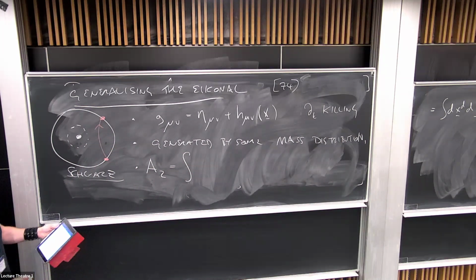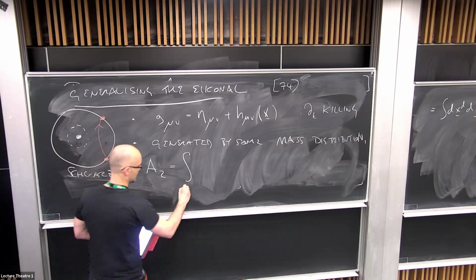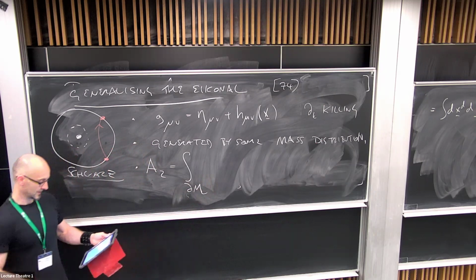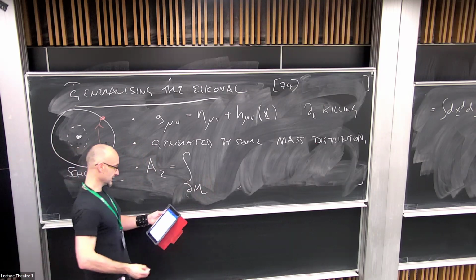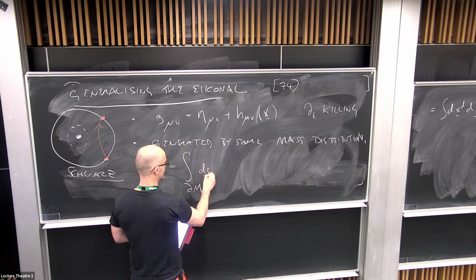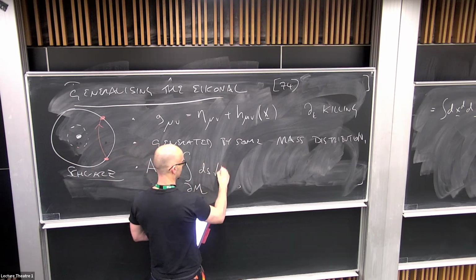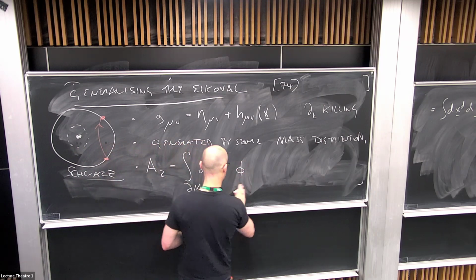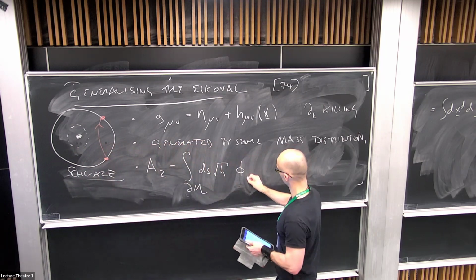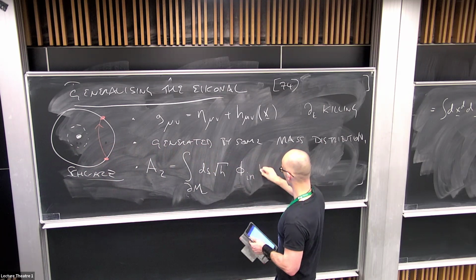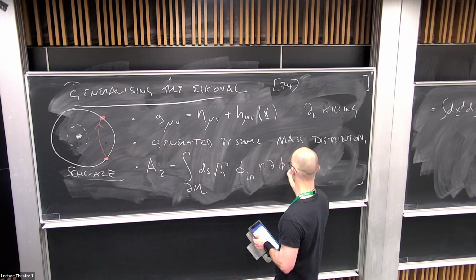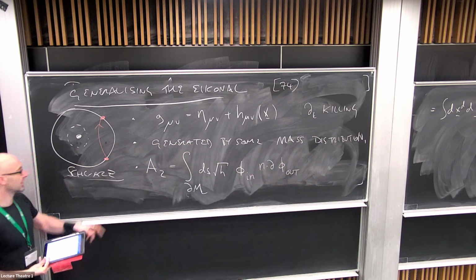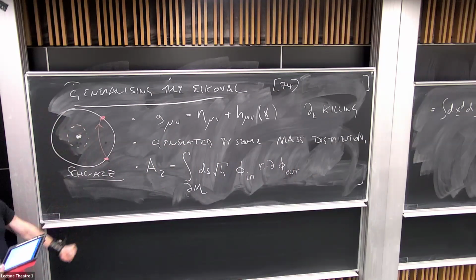Once again, the classical part of the action, M for manifold, not mass, is some boundary. So it's going to be ds, the square root of whatever the induced metric is on that boundary. And it's going to look something like this. In and out are like the phi 1 and phi 2.